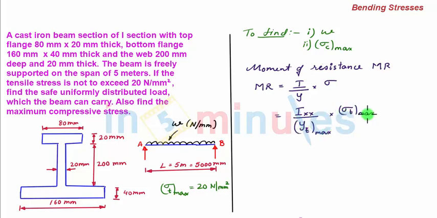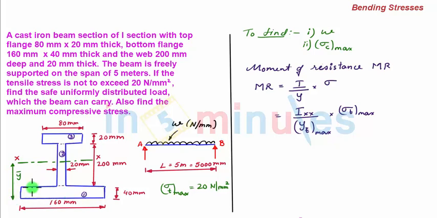So to determine the Yt max and Ixx, we need to determine the centroidal axis of this composite I section. Since our given I section is not a symmetrical section, let us represent the centroidal axis of the composite I section, and let y bar be the distance of this centroidal axis from the bottommost section.